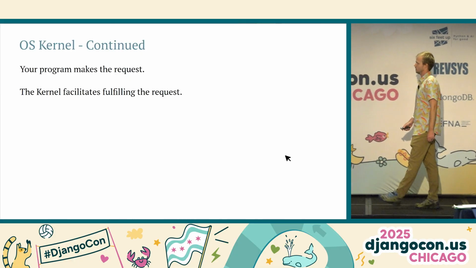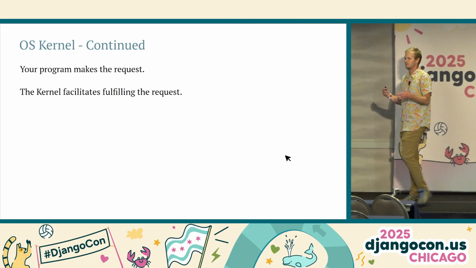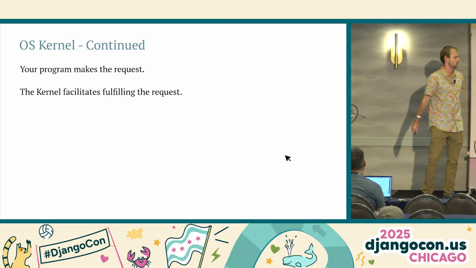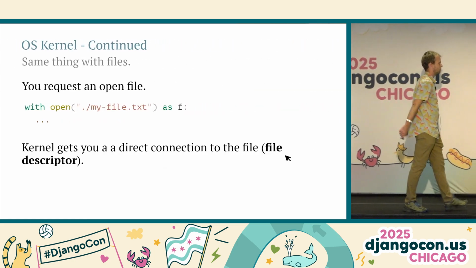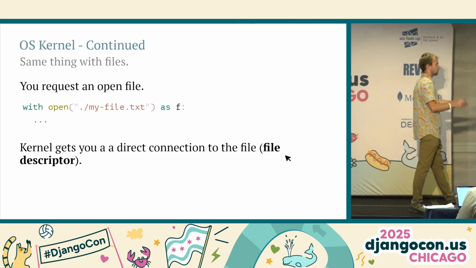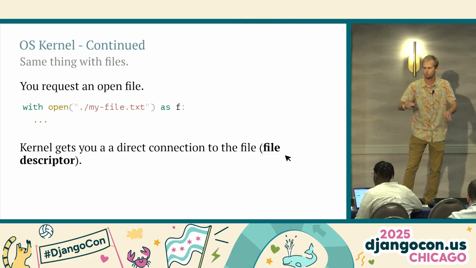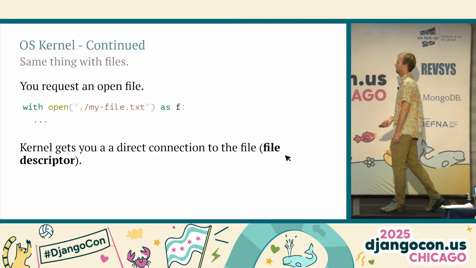Notice I didn't say the kernel fulfills the request, because there are some people here who are quite smart who might say, well, there are some exceptions. So I'll say it facilitates getting you the data back. Same thing with files. You request an open file. The kernel gets that for you. Python's not reaching into your hard drive and grabbing the sector and saying, oh, there's the file.